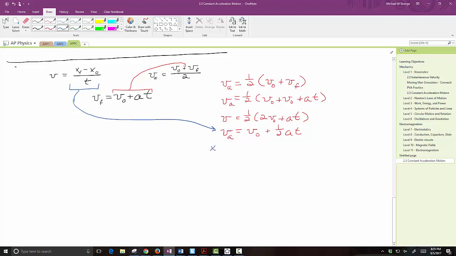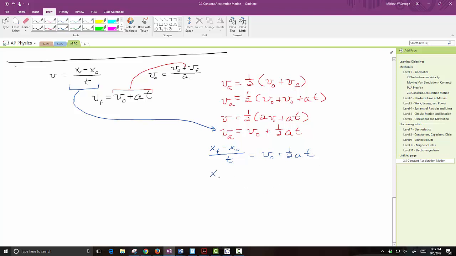So I have xf minus x naught divided by t is equal to v naught plus 1/2 at. All right, so now I multiply. What I want is to get this by itself, so I'm going to multiply everything through by t.